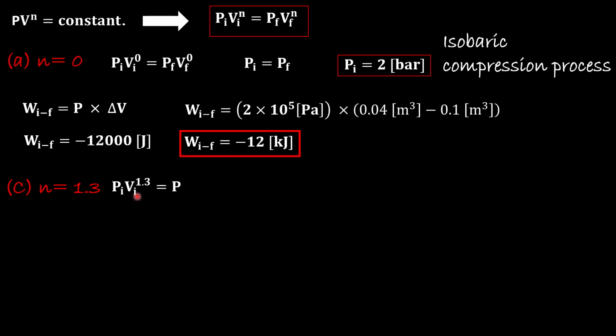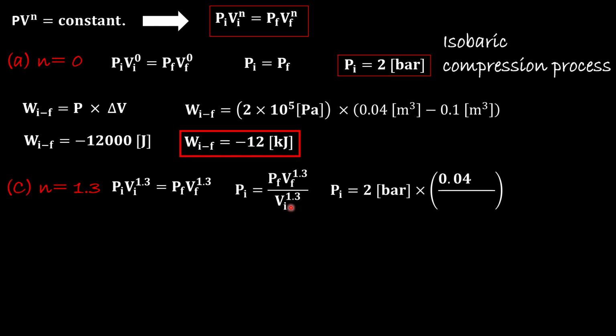Right here, this expression, we can use it to find the initial pressure when the polytropic index is 1.3. So now we can plug in the values that we have to find the initial pressure. So the initial pressure is 0.608 bar.